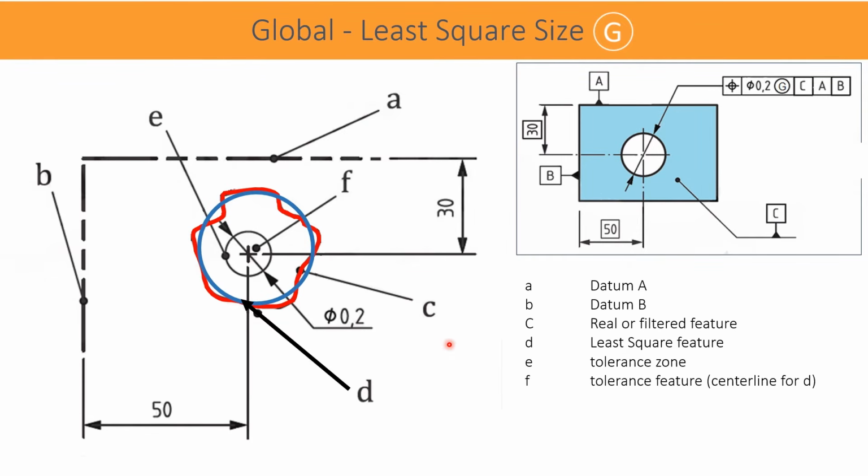Least square fitting size is generally an average size of the points measured. In this figure, the red colored profile is the actual hole boundary. The blue colored circle is computed with the least square fitting method, which is called the Gaussian best fit method. This size is calculated as an average size of the feature.